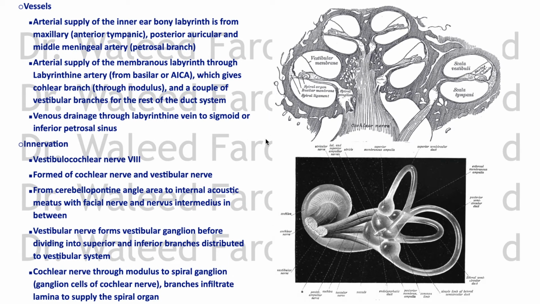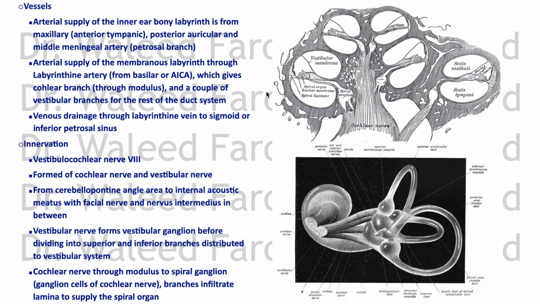About the vessels, the blood supply of the bony labyrinth is from the maxillary artery, like the anterior tympanic branch, from the middle meningeal artery, and the posterior auricular artery, and the arterial supply of the membranous labyrinth comes from the labyrinthine artery.